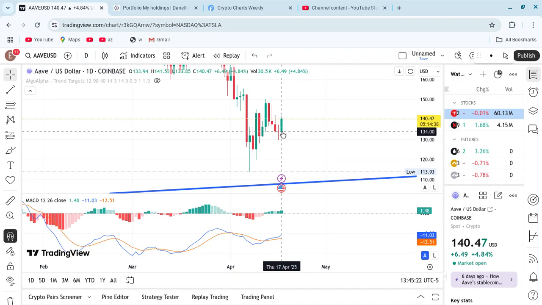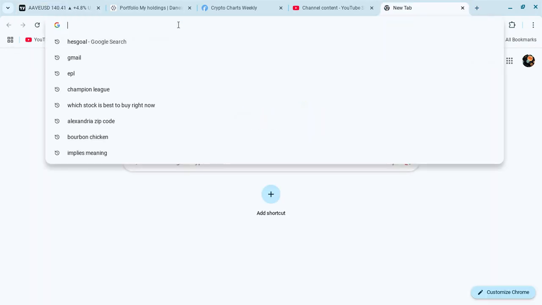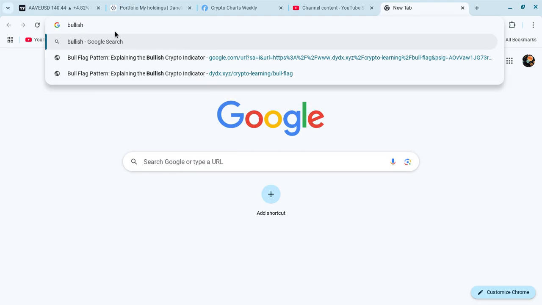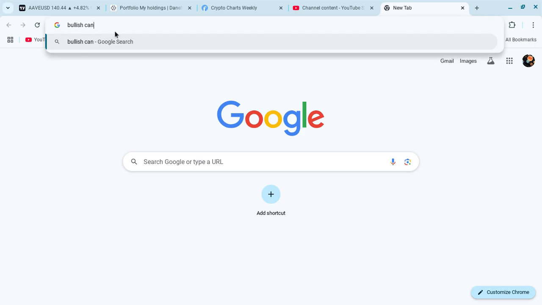Let's go, guys, see the types of bullish candles, because I've been monitoring this coin after it dropped all the way down.